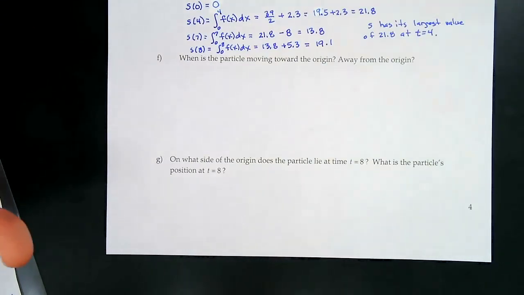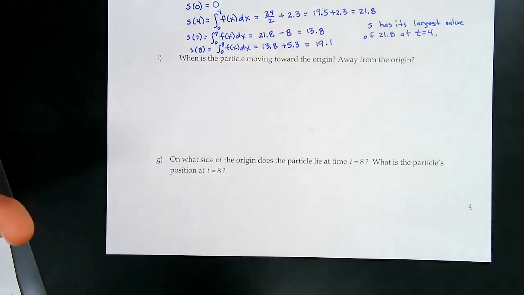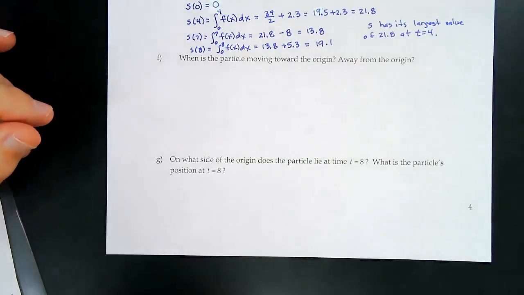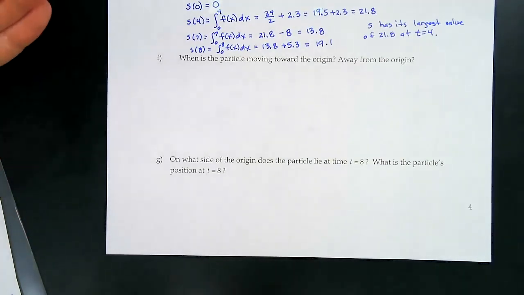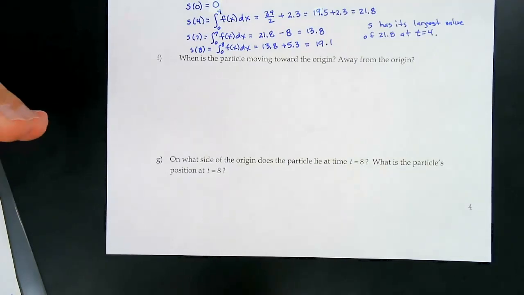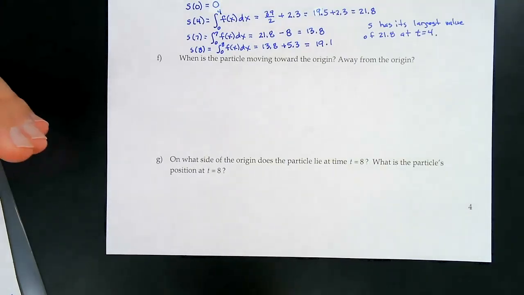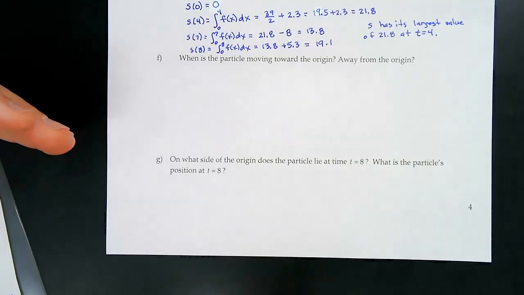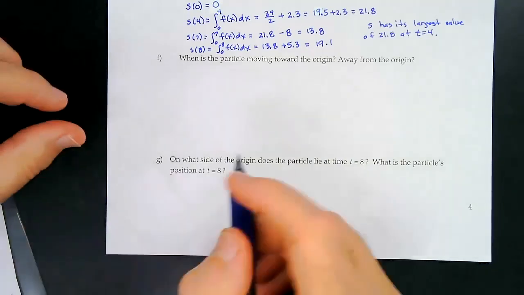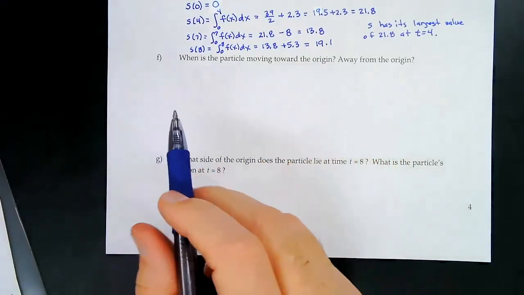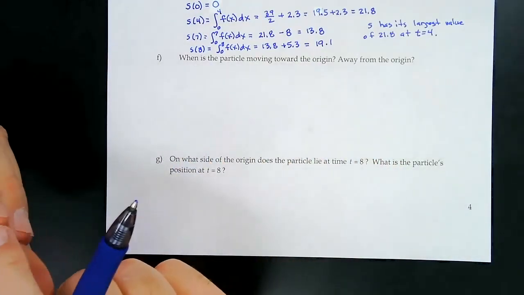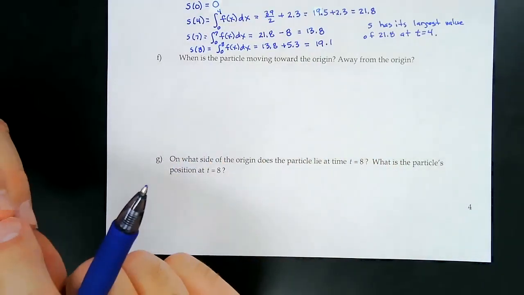It all depends on what side of the origin the particle is on. So if you're on the positive side and you have positive velocity, that means you're on the right-hand side and you're moving right. So you'd be moving away from the origin. To move towards the origin, the position and the velocity have to be opposite signs.